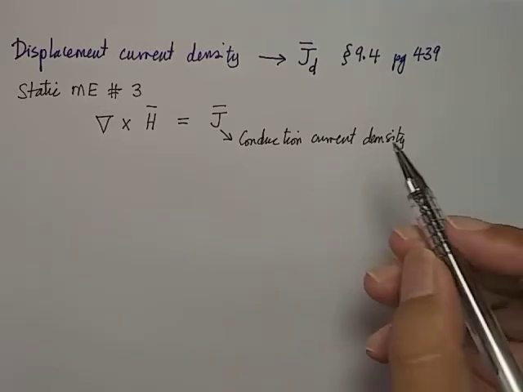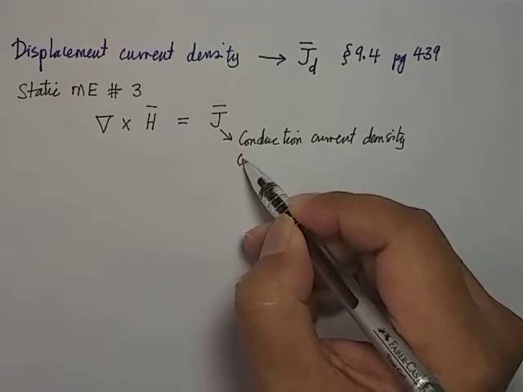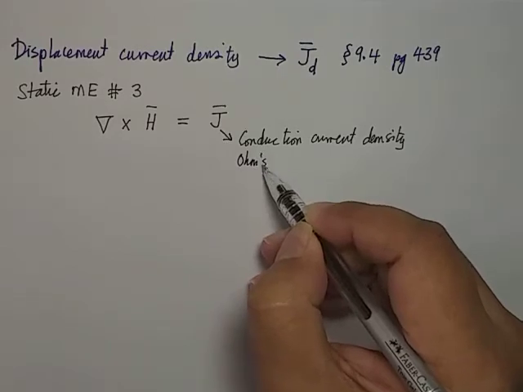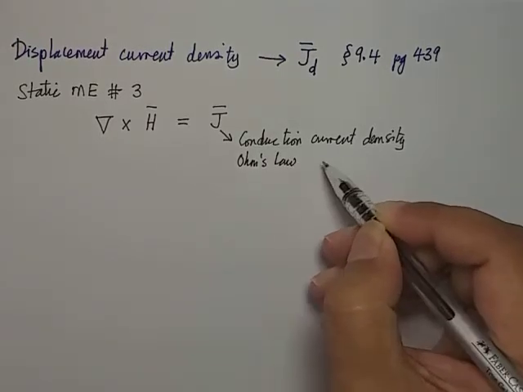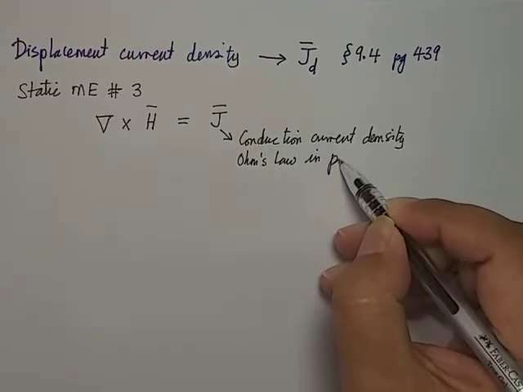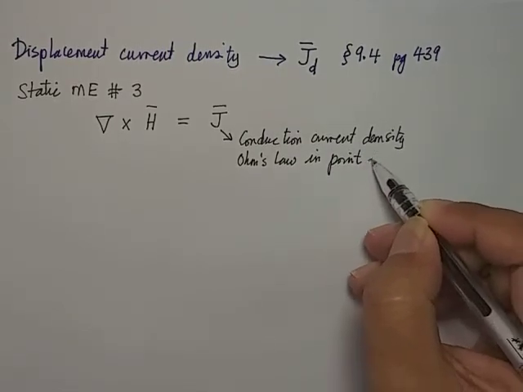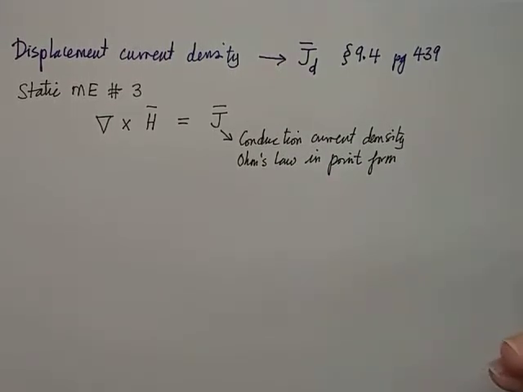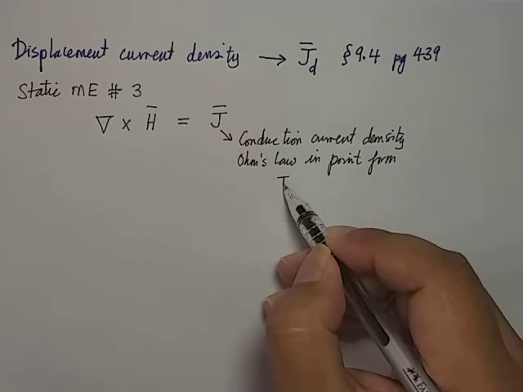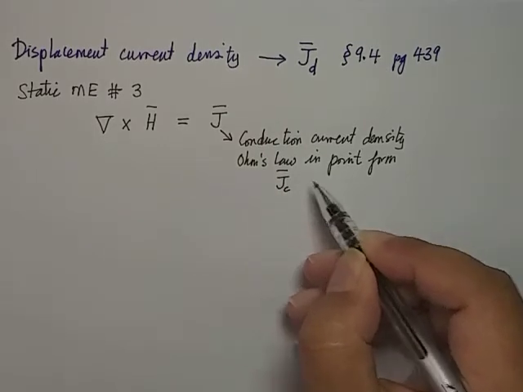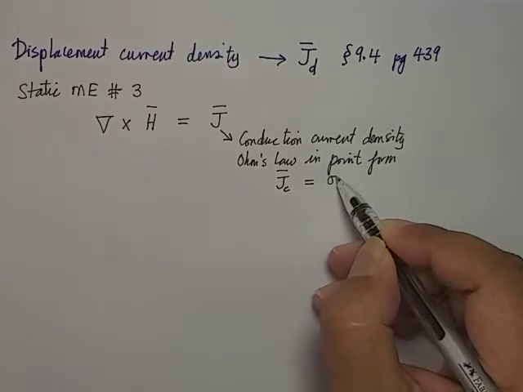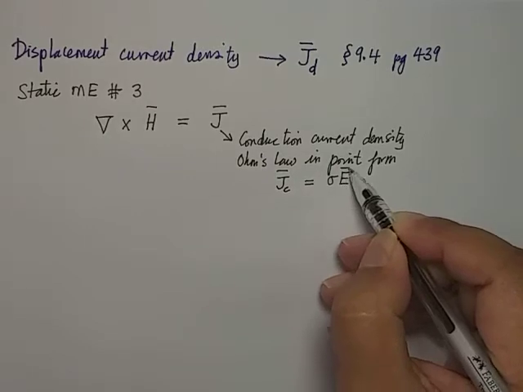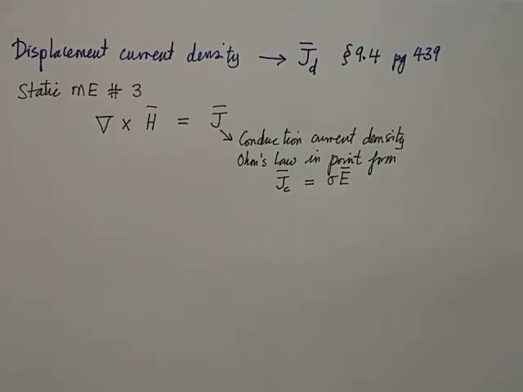If you refer to Ohm's law in point form, the way we represent this conduction current density is using this equation. Remember? We derived this equation together when we talked about conductor material in the topic of electrostatic.